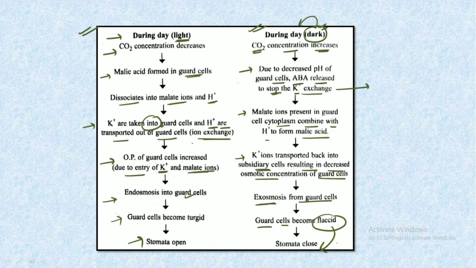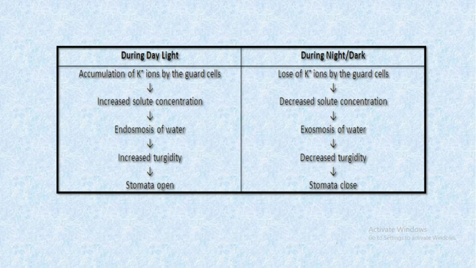So this was all about the stomatal opening and closing mechanism in the form of a flowchart. So during the daytime, we have the accumulation of K+ ions by the guard cells. There occurs increased solute concentration. There occurs endoosmosis of water, which results in increased turgidity, and finally the stomata opens.